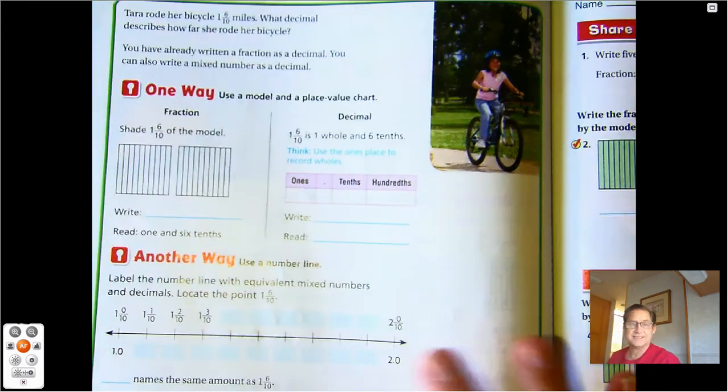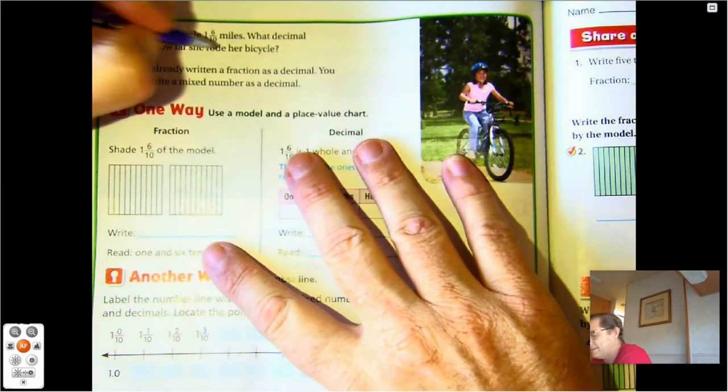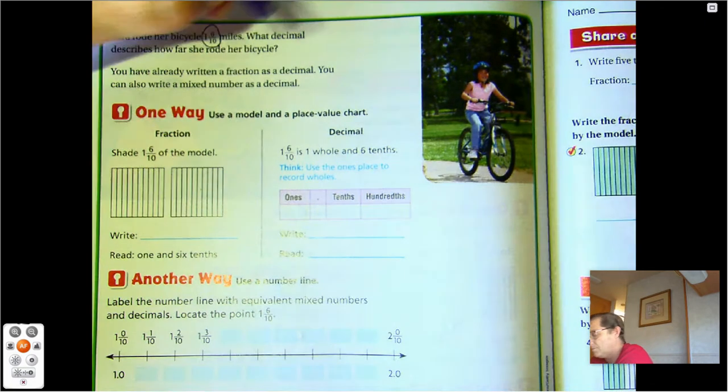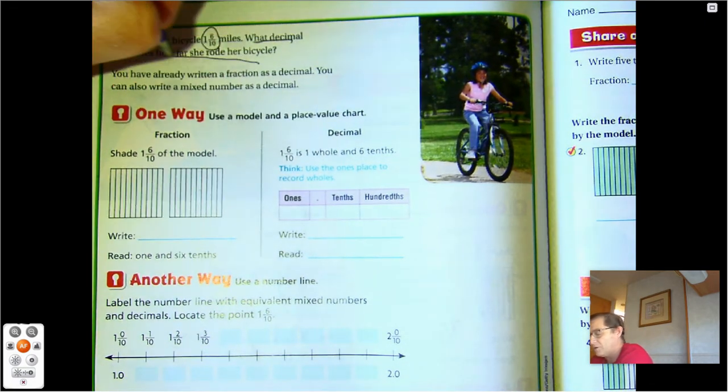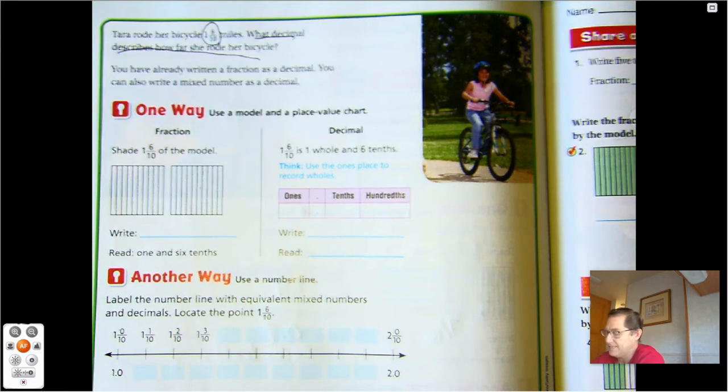Page 360. Tara rode her bicycle 1 6/10 miles. What decimal describes how far she rode her bicycle? You've already written a fraction as a decimal. You can also write a mixed number as a decimal.